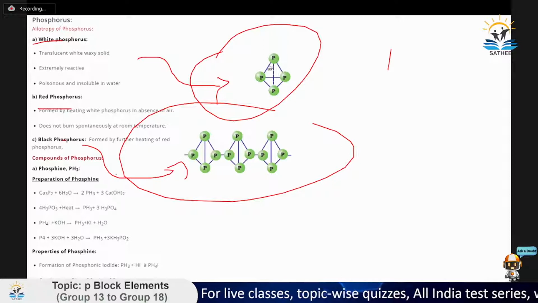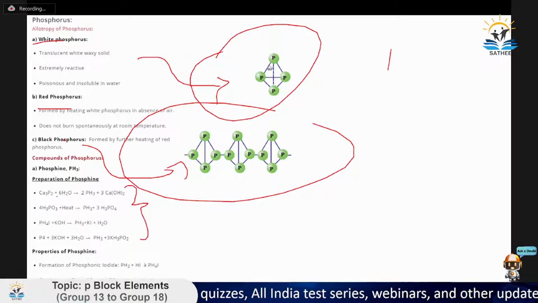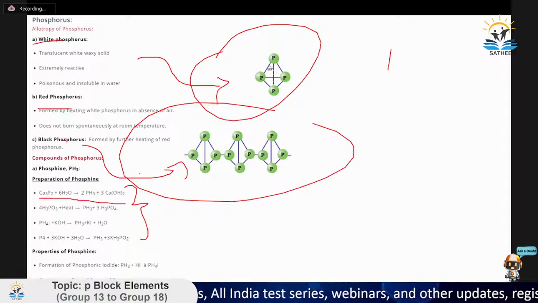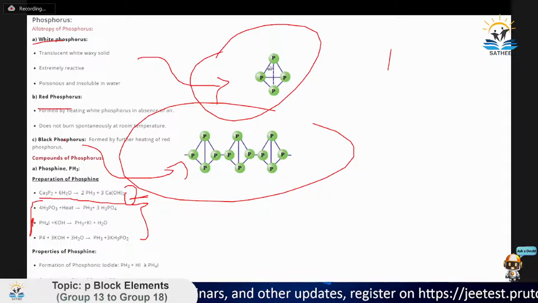Similarly, we have phosphine, which is the ammonia equivalent for phosphorus. You have different methods of preparing phosphine like this. The first one, using Ca3P2, has a name. Kindly find the name out in NCERT. Other than that, common methods use phosphoric acid, P4 and PH4I.